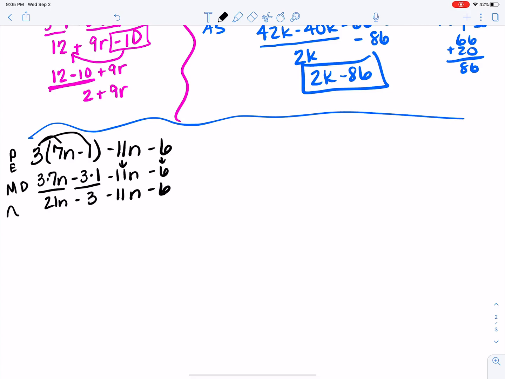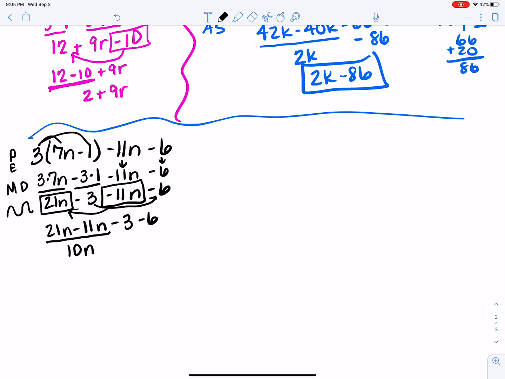And we're going to move around. So I want this and this together. So 21n minus 11n. Then I'm going to put this next to this, minus 3 minus 6. These two, 21 minus 11, 10n. These two have the same sign.